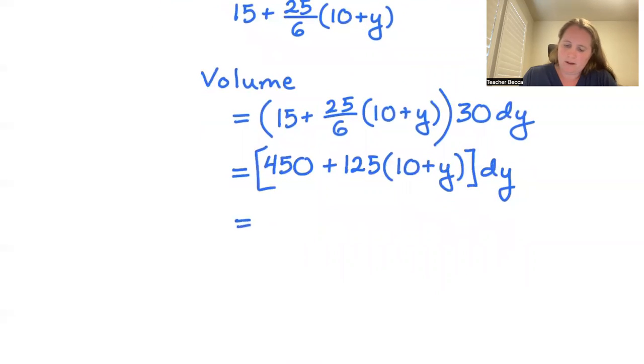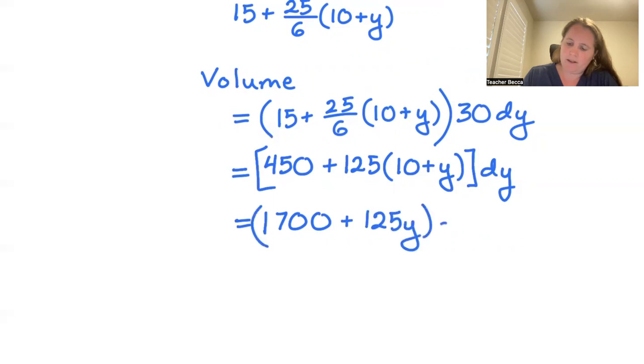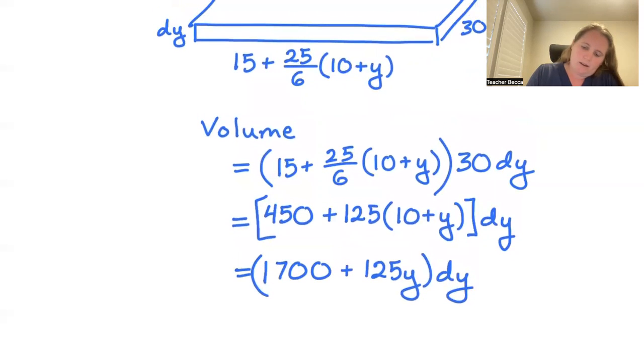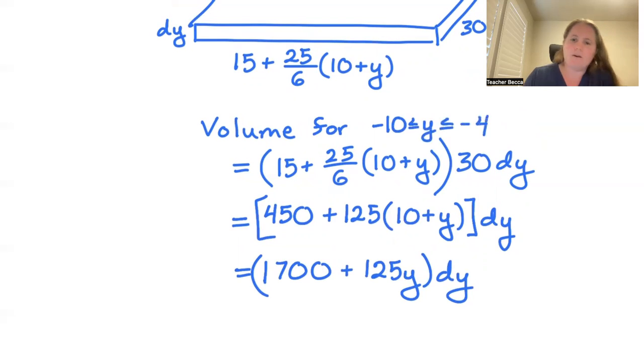Or we would have 450 plus 1,250 would be 1,700 plus 125y, all multiplied by dy. So this is for -10 less than or equal to y less than or equal to -4.